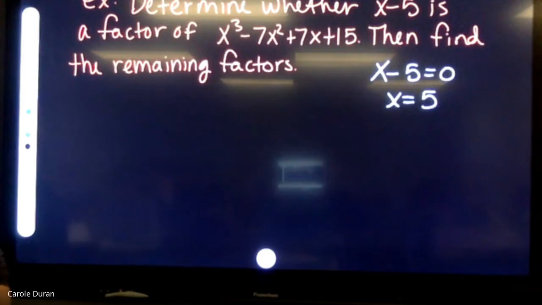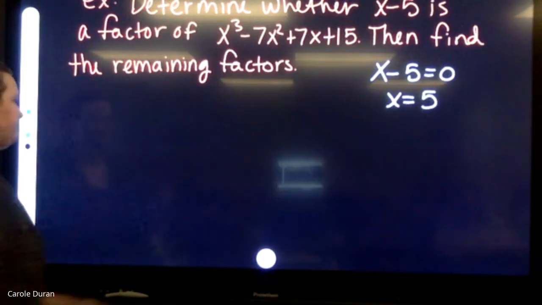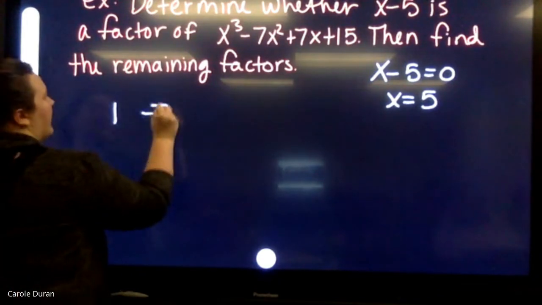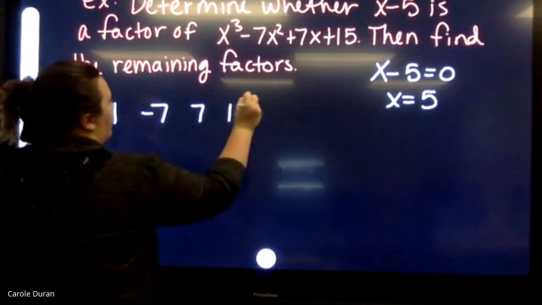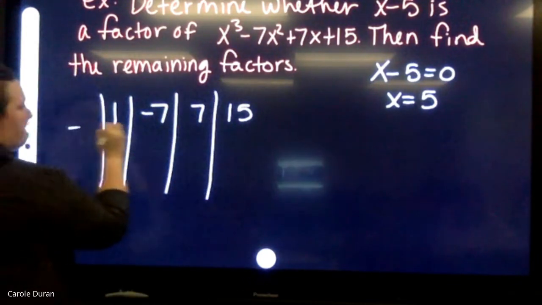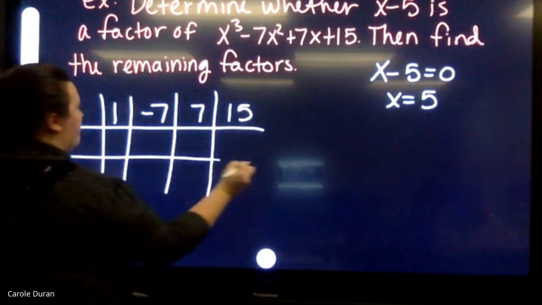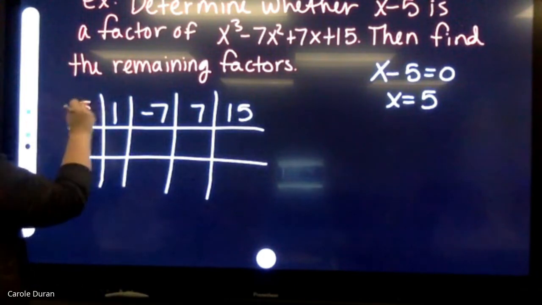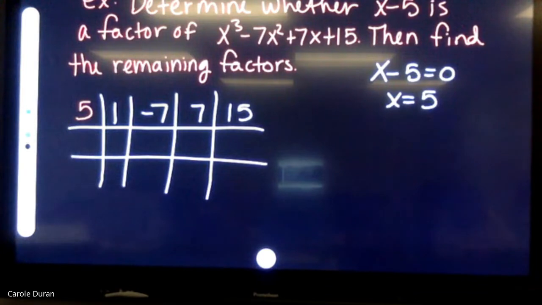What else do I have to check? Check our x. Make sure all my terms are there. Did I skip any? No. All of my exponents are accounted for, which means I can go ahead and set up my chart. So I have 1, -7, 7, and 15. I know that 5 is going to go in that top left corner.